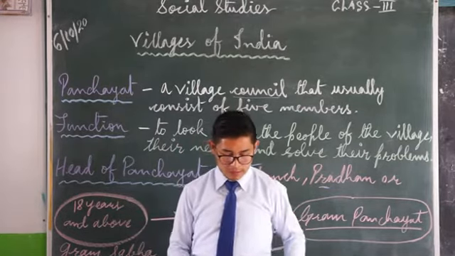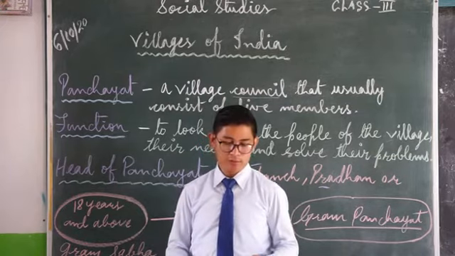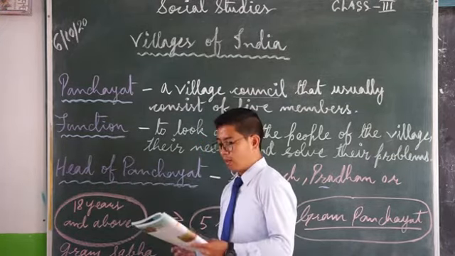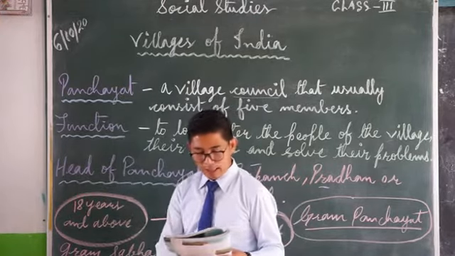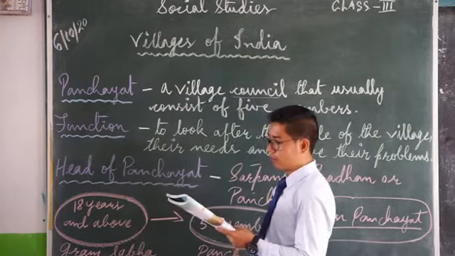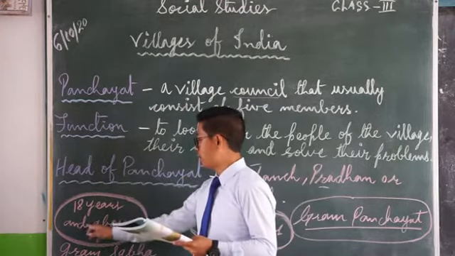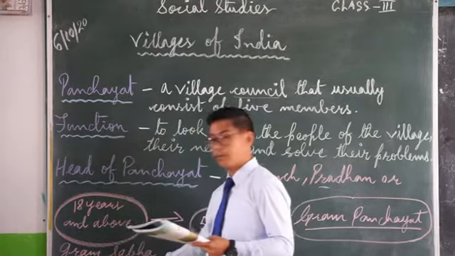Okay. Now let us read from the book which is given there. All people of the village who are 18 years of age and above elect the members of the village panchayat. As I have already told you, 18 years and above they form Gram Sabha.